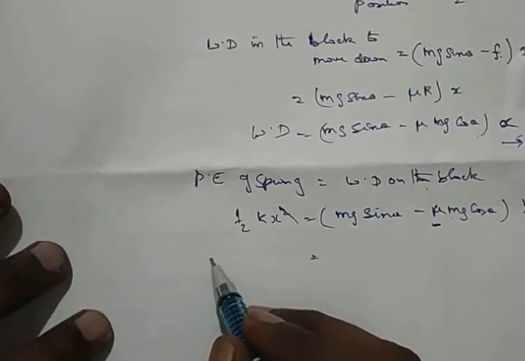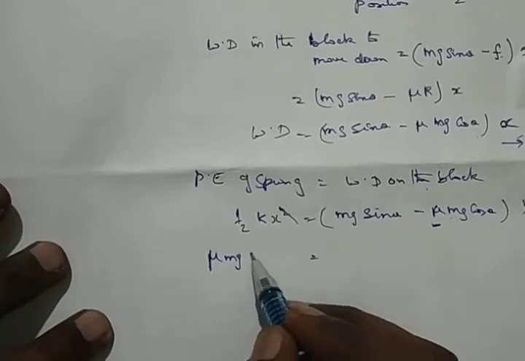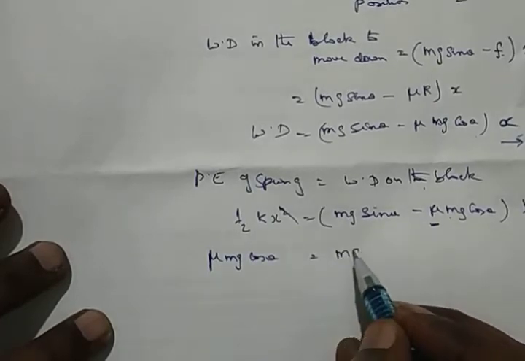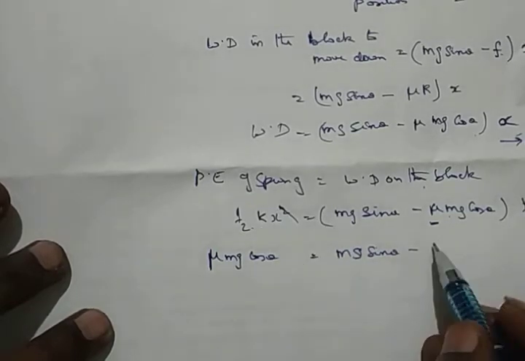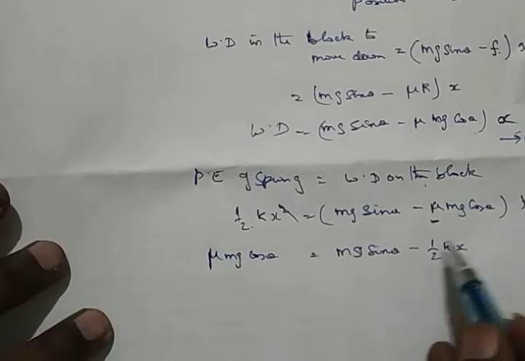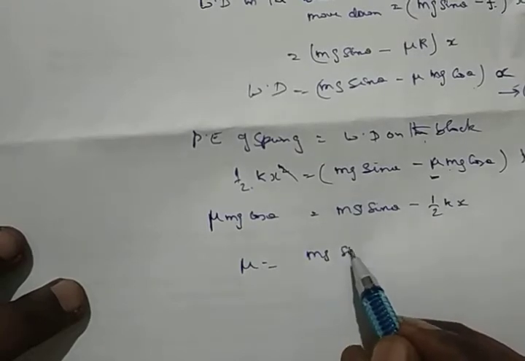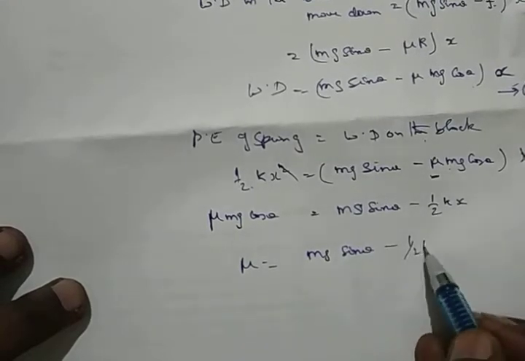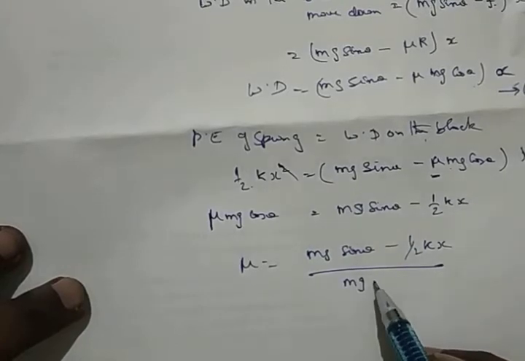So it becomes mu mg cos theta is equal to mg sin theta minus half kx. X square is not there, this x and x get cancelled out. Now mu, keep here itself, it is mg sin theta minus half kx upon mg cos theta.